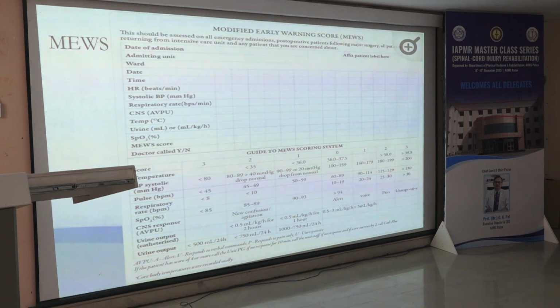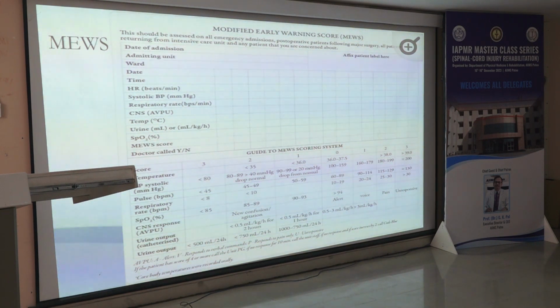Otherwise, most of the cases you get hypotension. Hypertension with bradycardia is probably AD. But hypotension with bradycardia is probably something related to bradyarrhythmia.